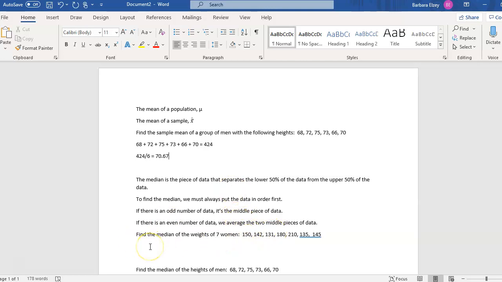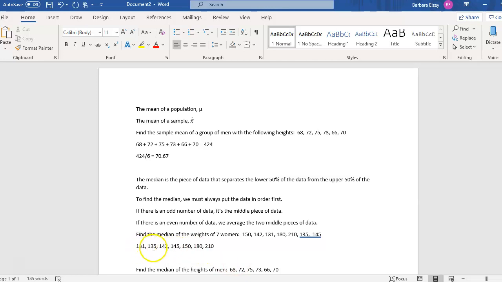So we want to find the median of the weights of 7 women, and we have those listed here. First, put them in order. Let's see, I think the smallest one is 131, 135, 142, 145, 150, 180, and 210.